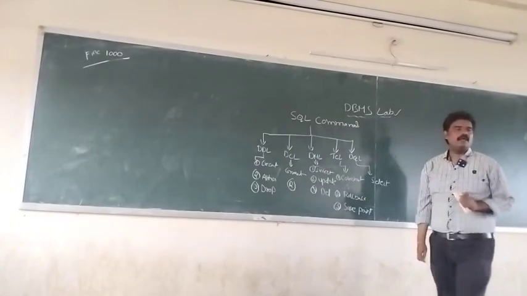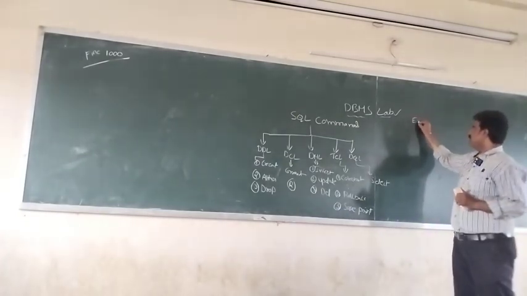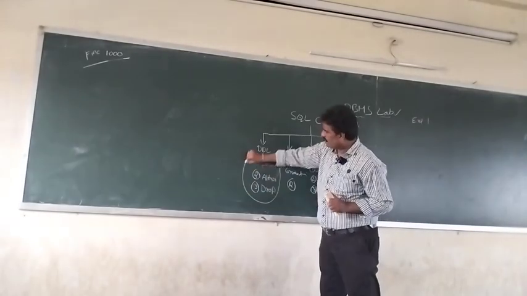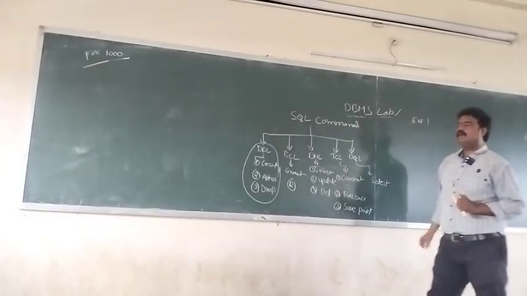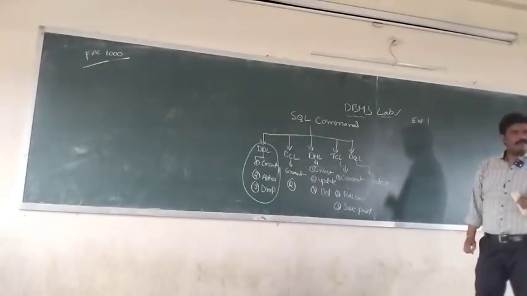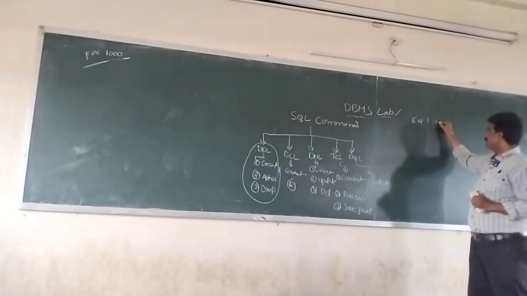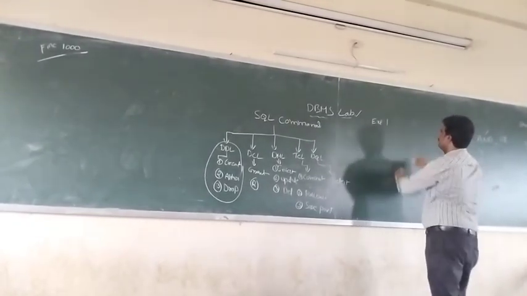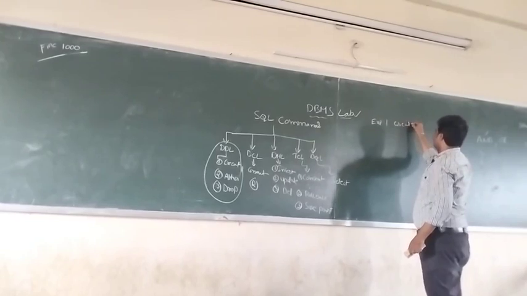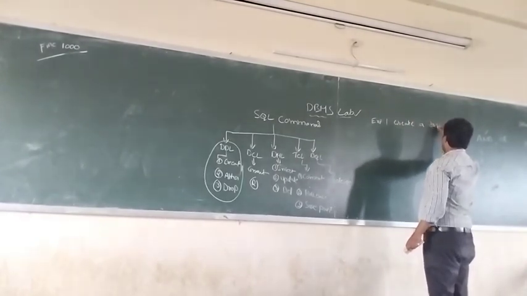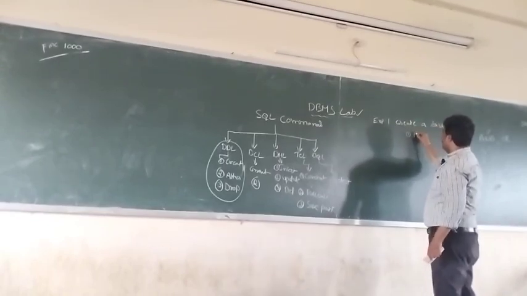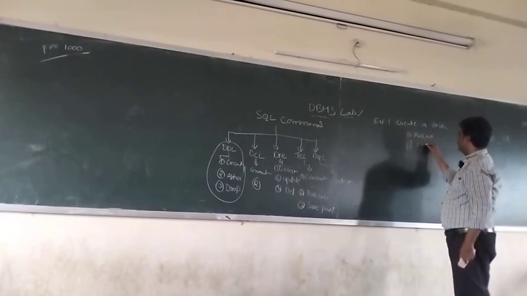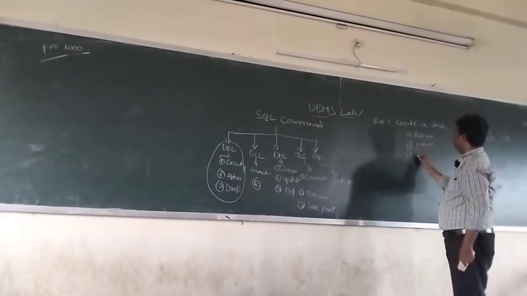So in your experiment 1, we are going to discuss all these DDL commands. In this experiment 1, number 1, we are going to create a table with the below attributes: roll number, name and city.